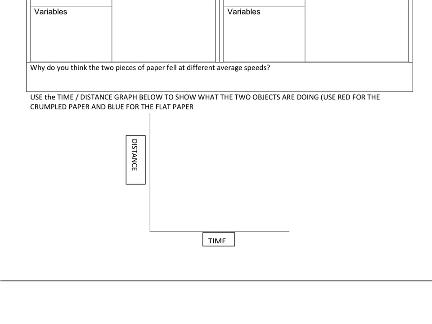Or like this? Or like this? What do you think that would look like on a time distance graph? And then you also are supposed to graph the other line and what you think that looks like. So if you think that's this line, maybe you think this one looks like that. I'm not giving you the answers here. I'm just asking you to think about it and try to come up with what you think it would look like.